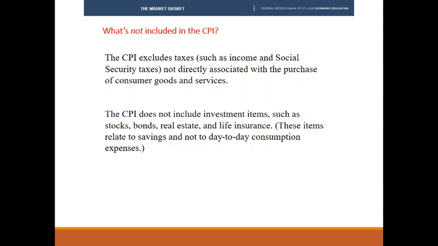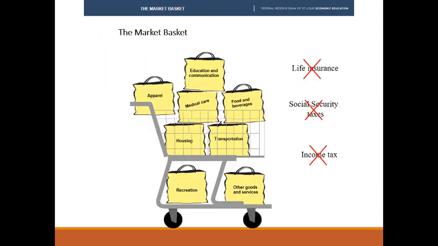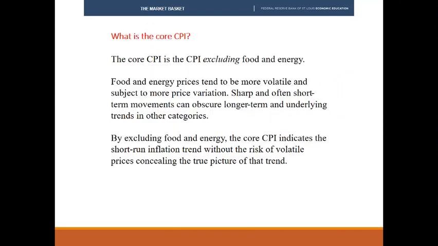That includes stocks, but also life insurance and some other things. The basic idea is to get investments out of the CPI and just focus on things that people actually consume. So that's where you get this collection of things, and then we track it over time and see what's happened.